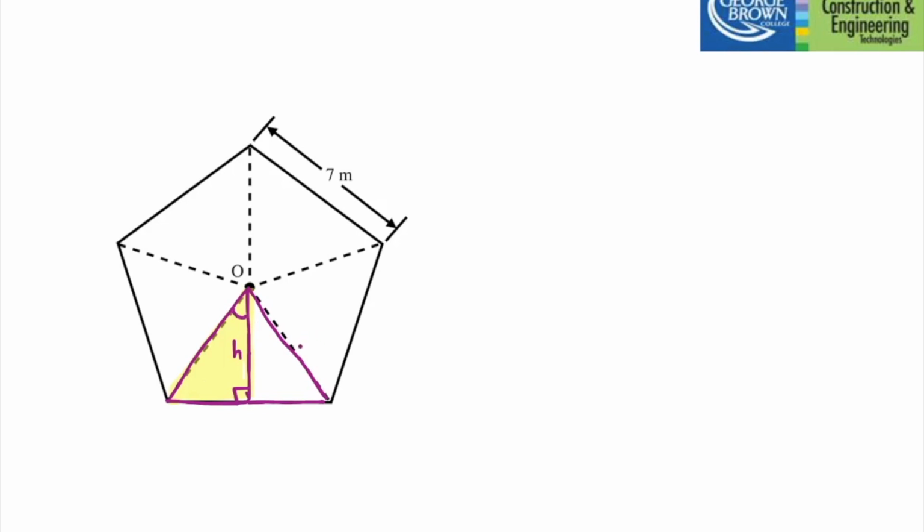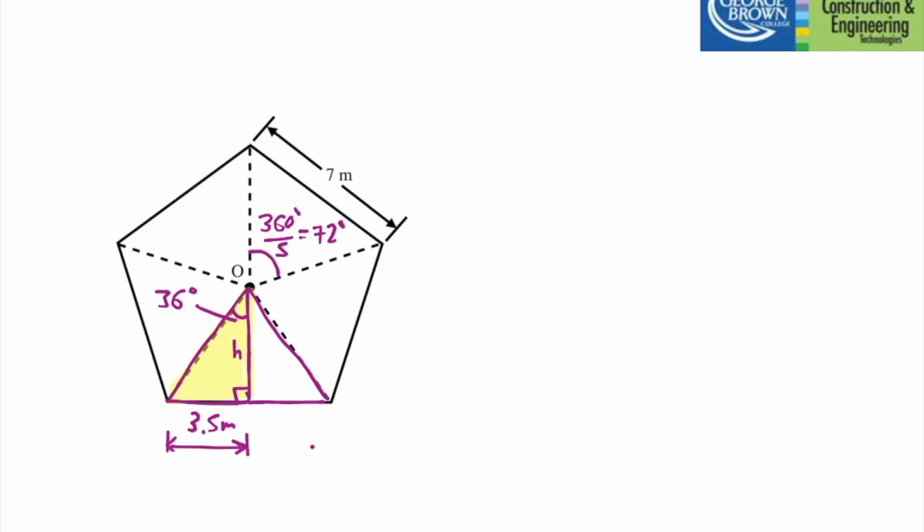Well, that angle there is going to be 1/10 of a circle, or 36 degrees. If you want, you can say that this is 360 divided by 5, which is 72. We saw this earlier already. And then half of 72 is 36. We also know that this is 3.5 meters from here to here.